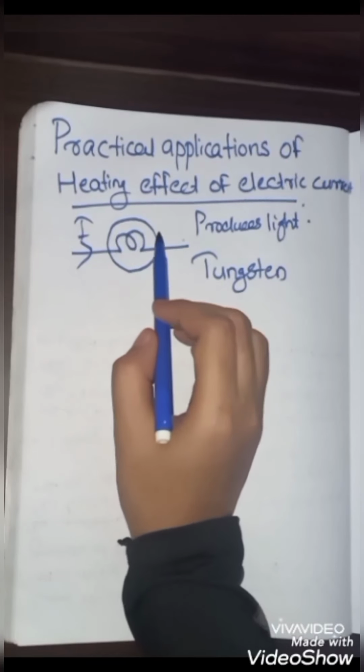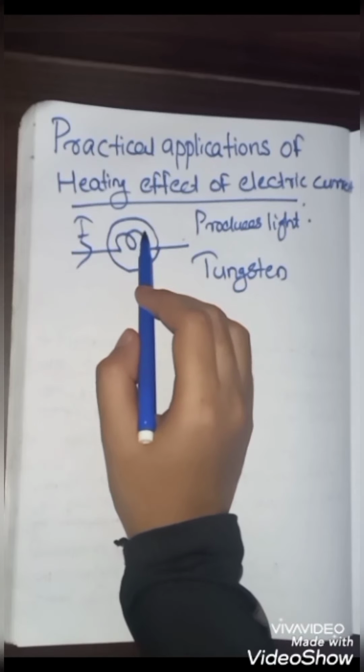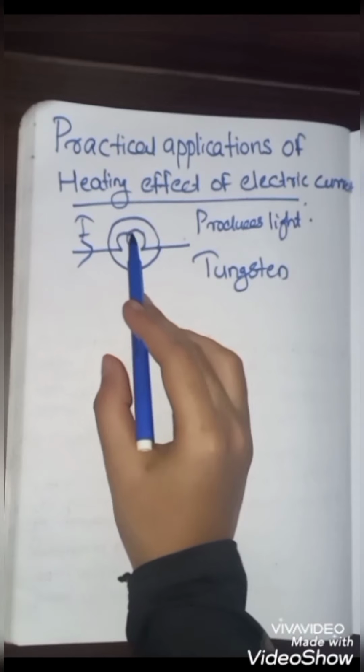As the current flows through this filament, the filament will heat. The filament gets heated and it produces more heat. Then the filament of the electric bulb becomes very hot and it emits light.